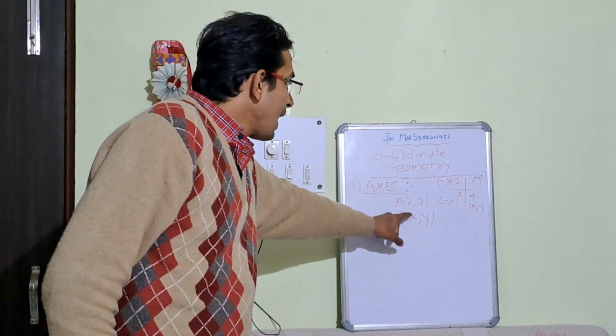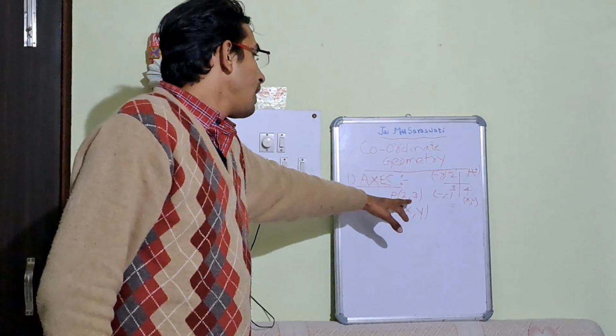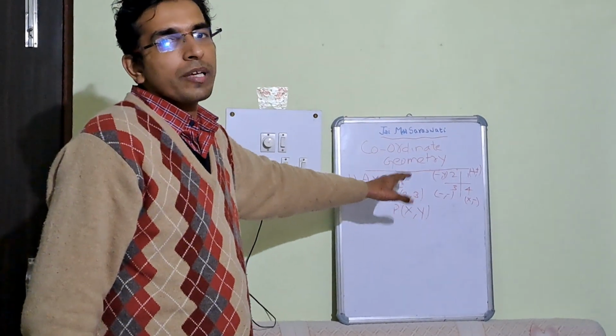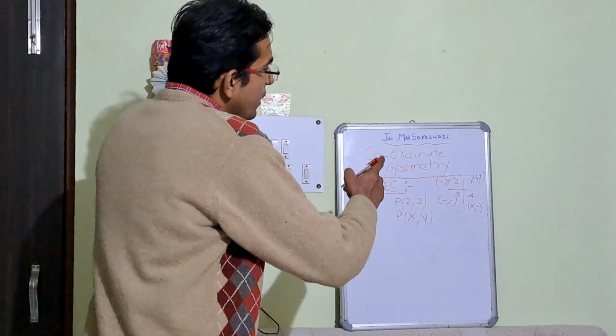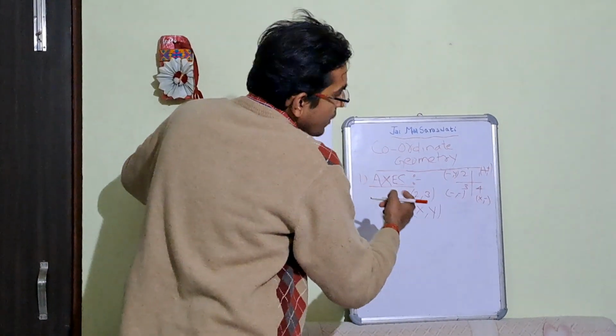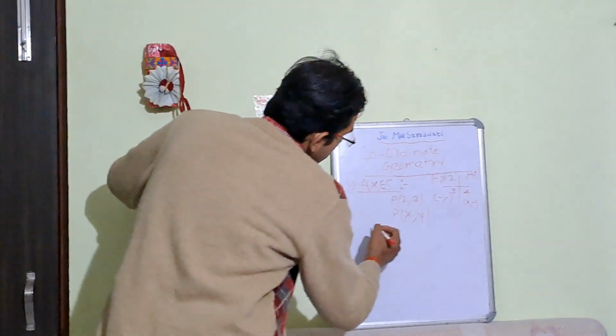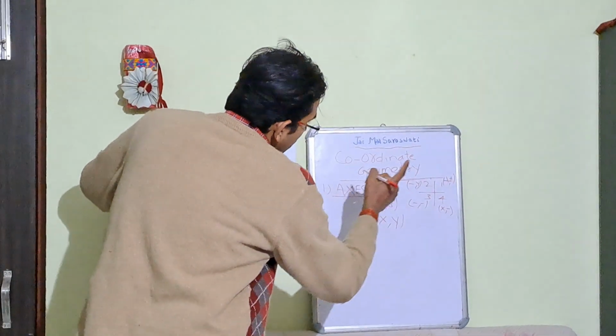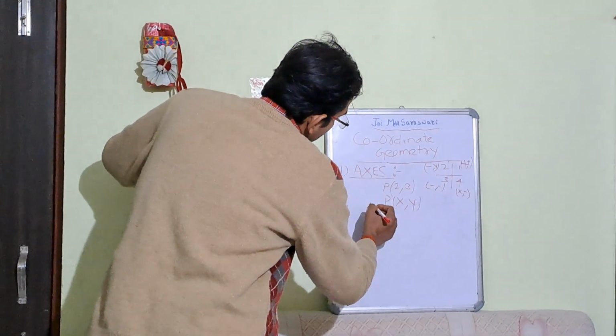What is given? x is positive, that is plus 2, and y is also positive, that is plus 3. Both coordinates are positive, plus plus, so according to this figure, this point will lie in the first quadrant.